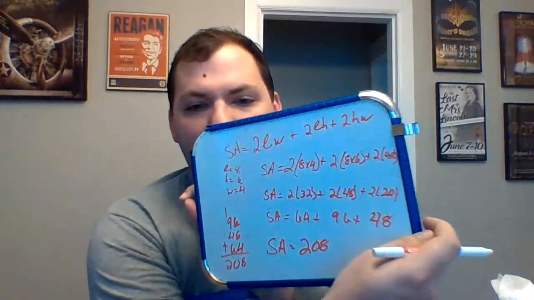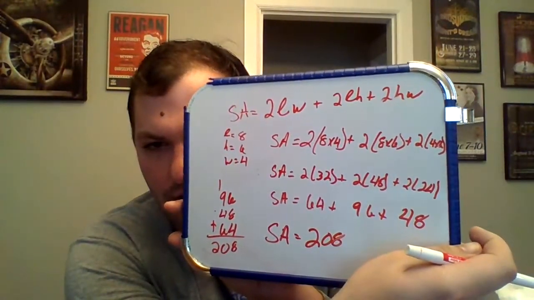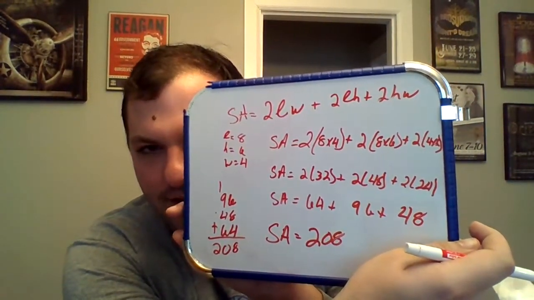So the surface area of this object should be 208. Okay, so if you want to pause the video right there and check your own work, go right ahead. Okay, so that is our surface area of that particular prism.